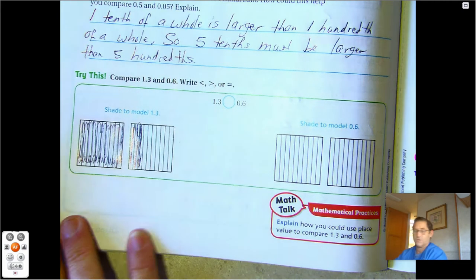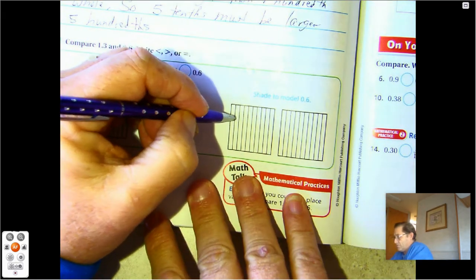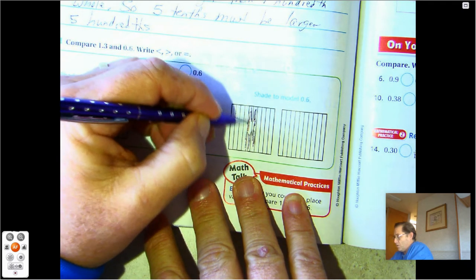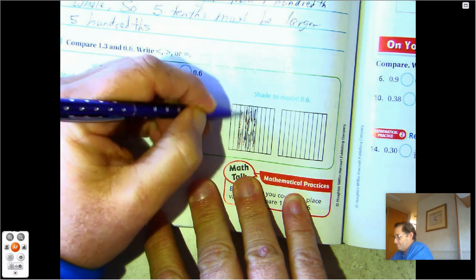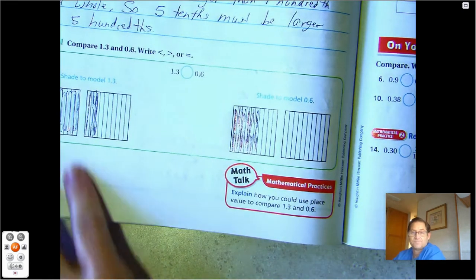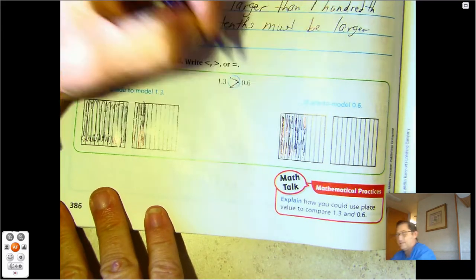All right, so that's 1 3/10. And then this one is just 6/10. 1, 2, 3, 4, 5, 6. So 6/10 is not even one whole, right? So which one's bigger? Well, 1 3/10 is clearly bigger.